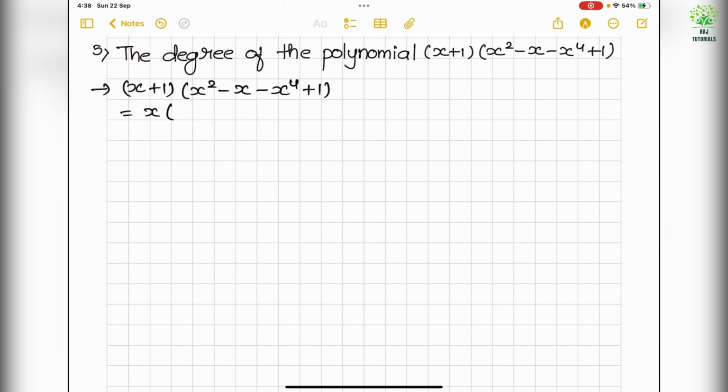So (x plus 1) into (x square minus x raised to 4 plus 1) will be equal to x into (x square minus x raised to 4 plus 1) plus 1 into (x square minus x raised to 4 plus 1).